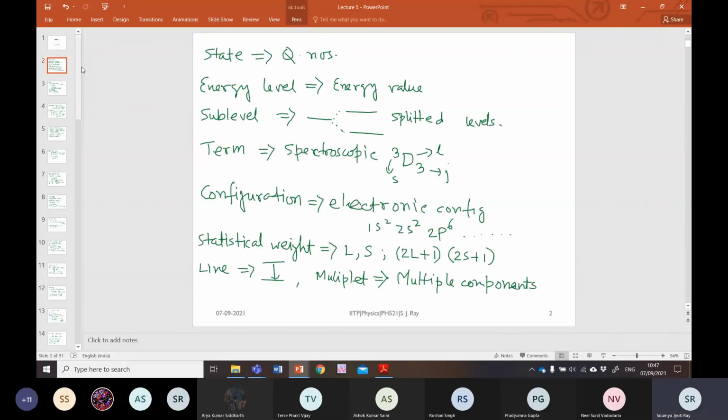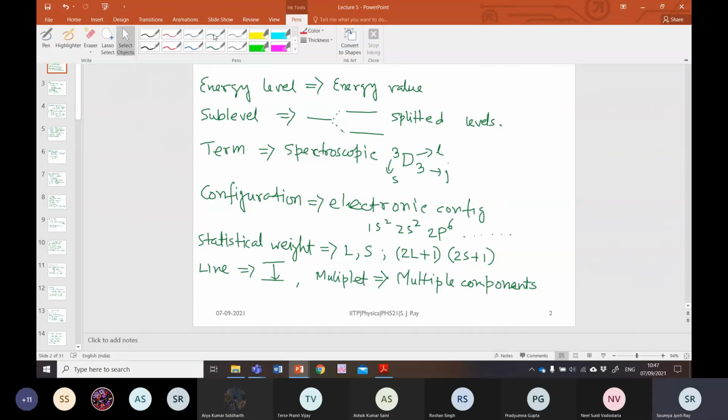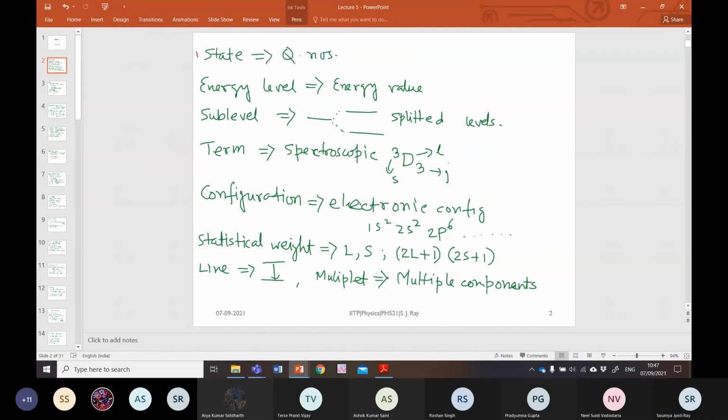Before we proceed with this chapter, there are a few concepts that we need to define first. The first thing is state. What is a state? A state is usually represented by certain quantum numbers. For the hydrogen atom, it is the principal quantum number which represents a certain state.